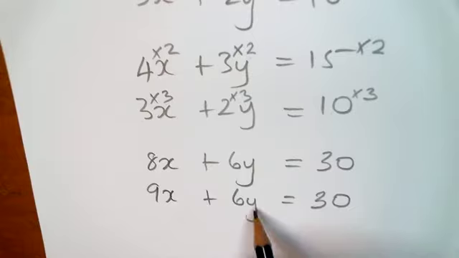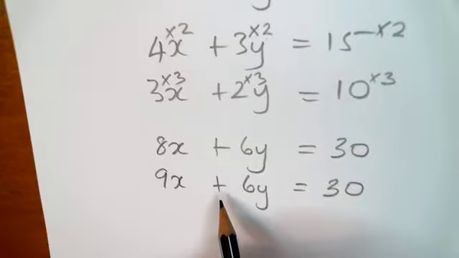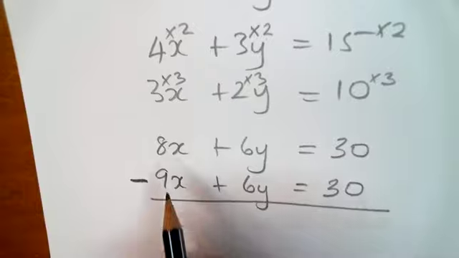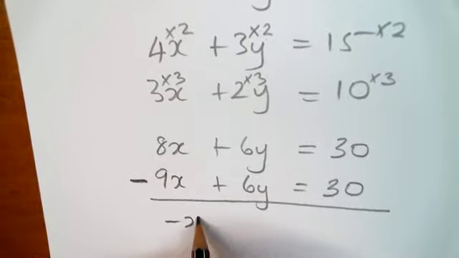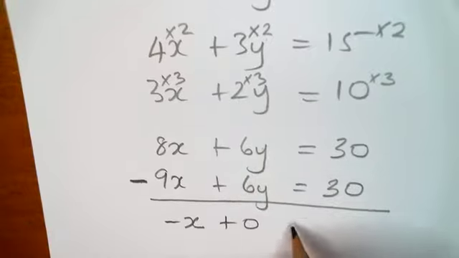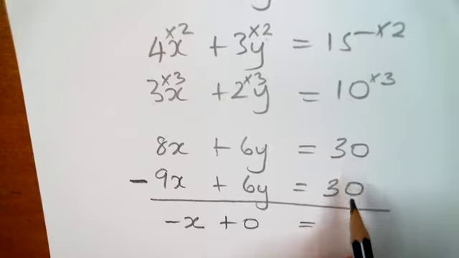So now what I'm going to do is simply subtract one from the other. So let's do that now. I'm going to subtract the bottom one. Here we go. So I've got 8x minus 9x is negative 1x, or just negative x. 6y minus 6y is in fact 0. And 30 minus 30 is also 0.